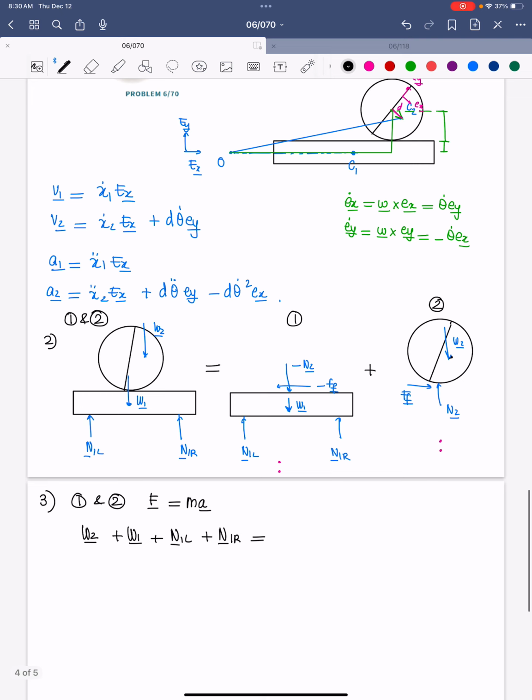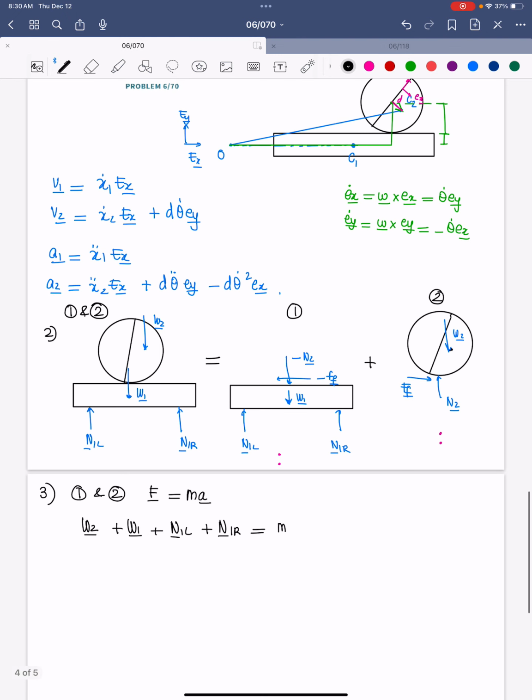Well, the mass times acceleration of what? This balance law is the F equals ma of system 1 plus F equals ma of system 2. So the linear momentum of the system is the sum of the linear momenta of the constituents. M, I think it was big M, A1 plus small m, A2.